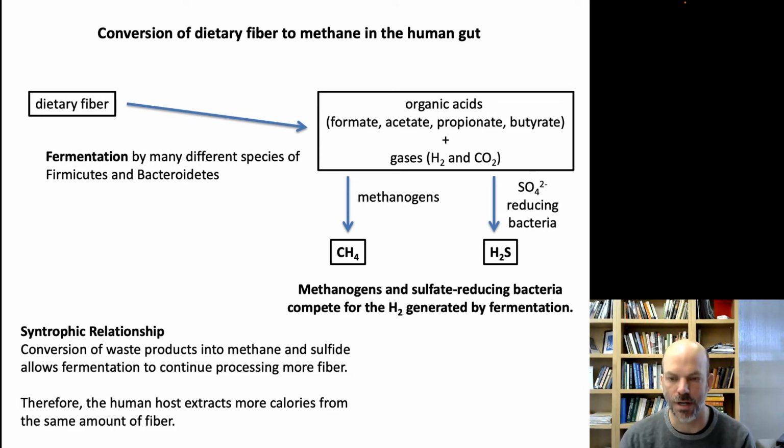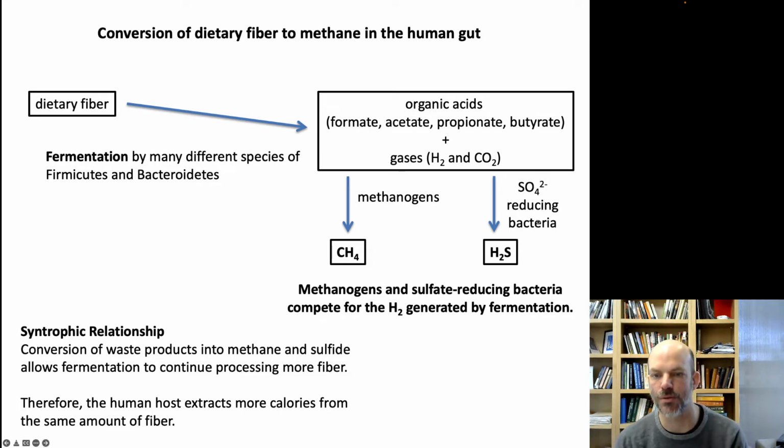This is an example from our own human digestive system where we eat food that has fiber. That fiber is fermented by a diverse community of bacteria to form small organic molecules and also inorganic gases like hydrogen and CO2. And then there's another level, another step in this overall digestion of the fiber that can include methanogens and sulfate-reducing bacteria.